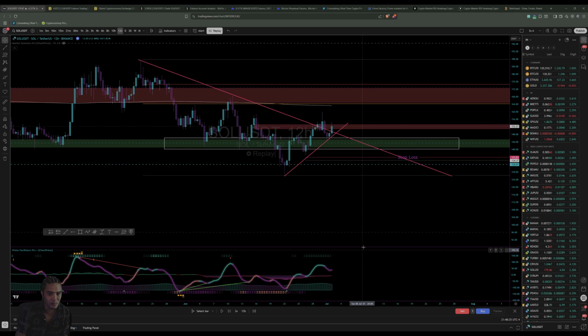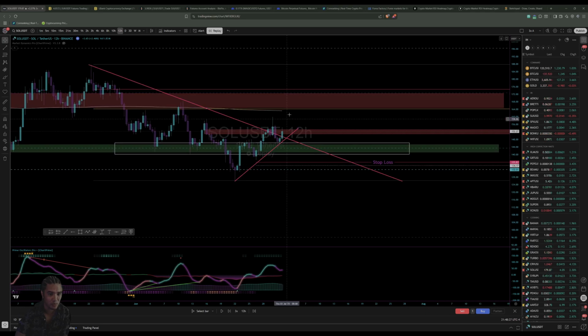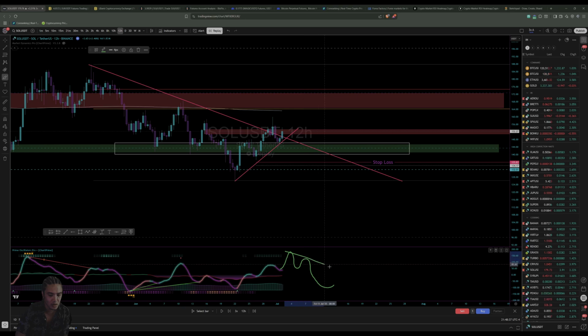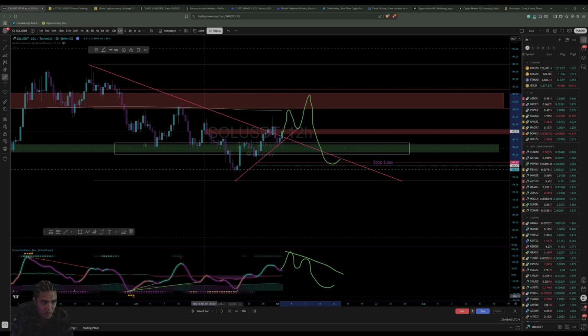Strength is looking kind of meh, so I'm going to consider taking profits once it hits here, if it hits there, right? But I'm thinking it'll do this, then that, which will give us this, maybe that. Okay? We'll leave that there just to see if it happens, but time frames.